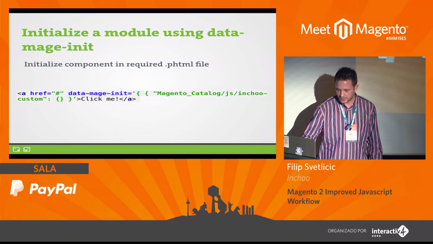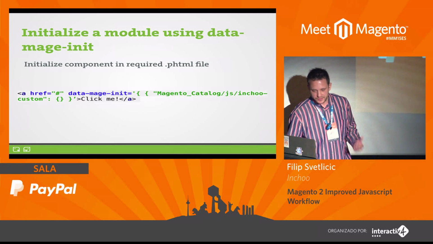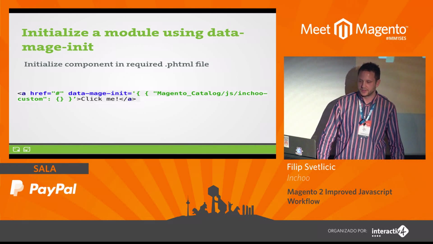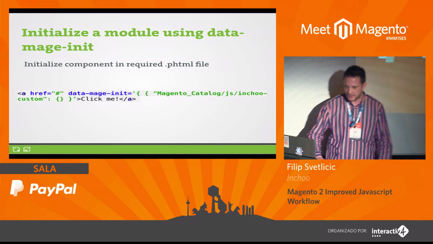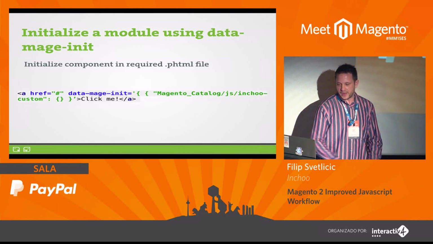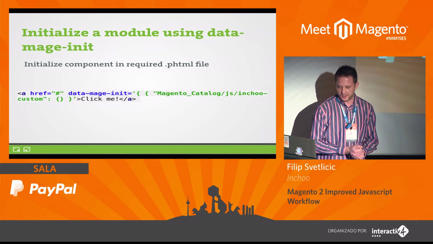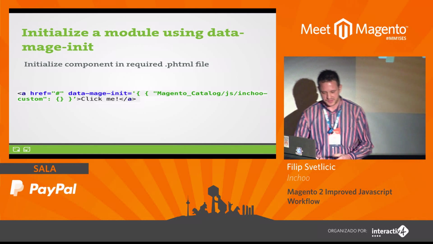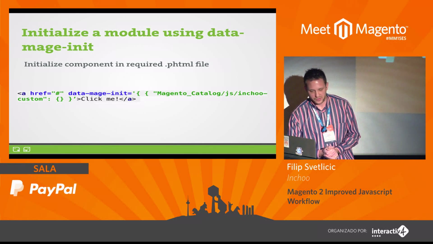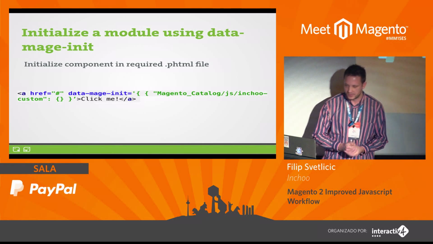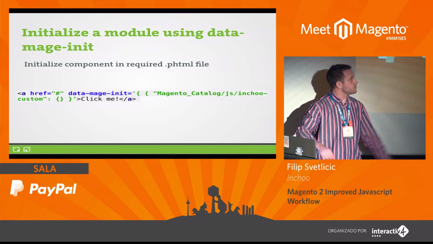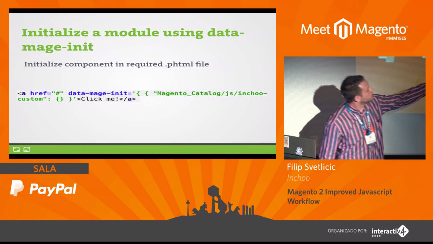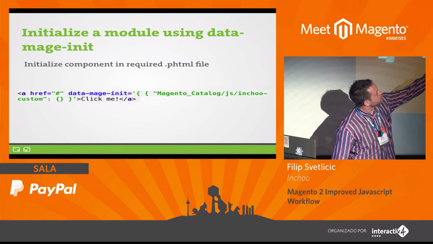Now, to initialize a module, which is a JavaScript file, in the required PHTML file, this is an example. I use a dummy example where on an anchor, I just used the data-mage-init attribute and point to the following path to the file.